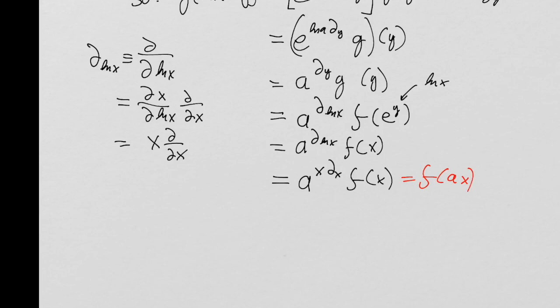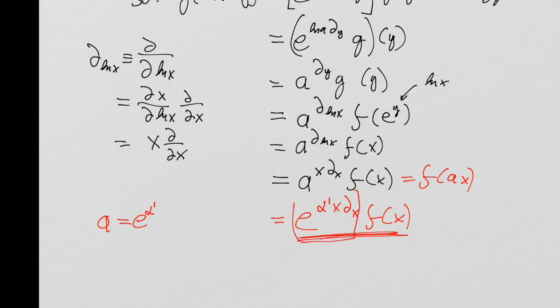Okay. So now in our case, a is e to the alpha 1. So this becomes e to the alpha 1 x partial x of f of x. And this now is the operation of the shift, where the only difference is the insertion of that little x there.